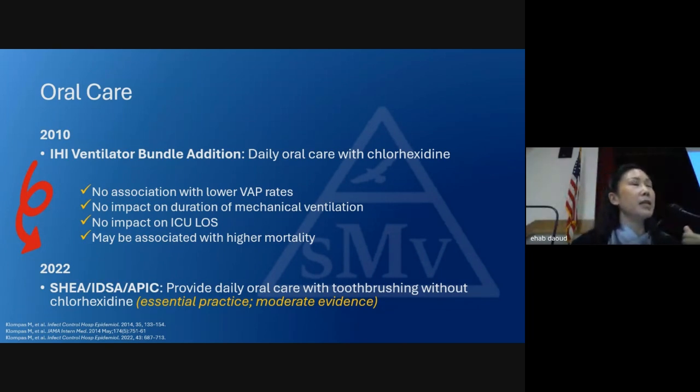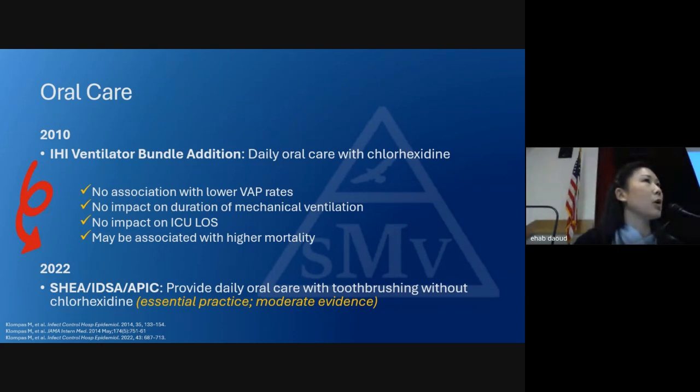So a lot of these studies and meta-analyses looked at the association with mortality. There's just one paper in 2014 by Klompas and colleagues. It looked at the use of chlorhexidine in cardiac surgical patients and non-cardiac surgical patients. And it's really interesting because it showed an association with higher mortality in non-cardiac surgical patients.